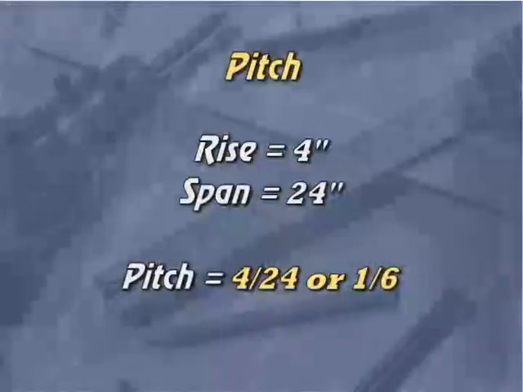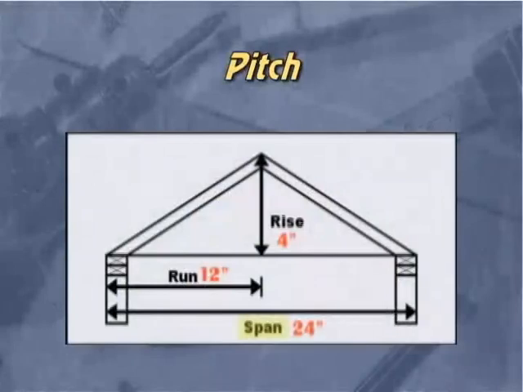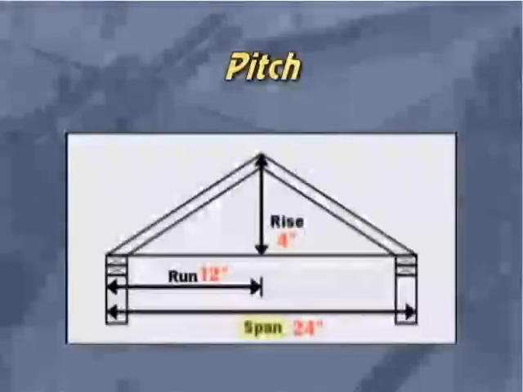And we reduce that fraction, and we come up with 1 over 6. So the pitch on this building is 1 in 6, whereas the slope is 4 in 12. Go over that, get that very clear. That will most likely be on the test.